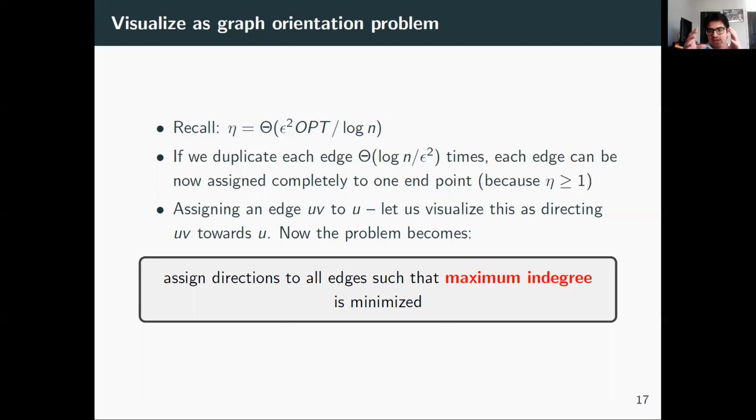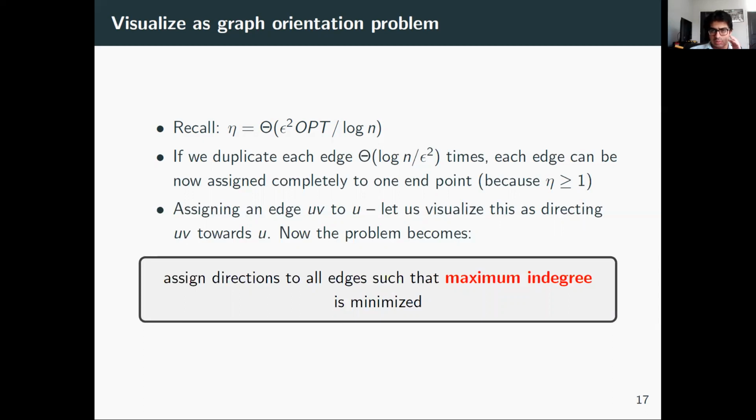Note that all we did is, instead of assigning an edge fractionally to both endpoints, we broke it up into many parts so that each of these parts now only needs to be fully assigned to one endpoint or the other.